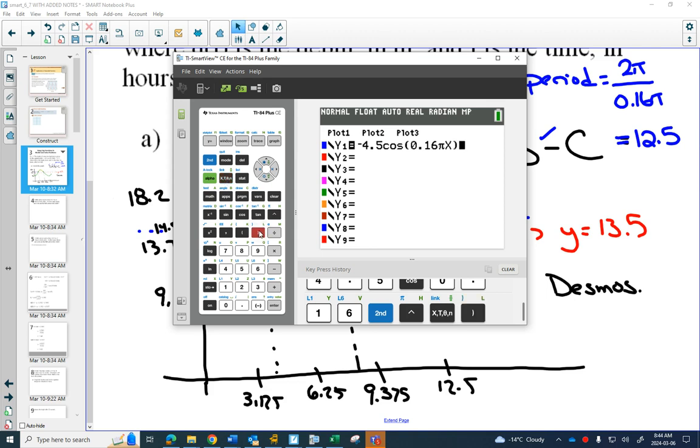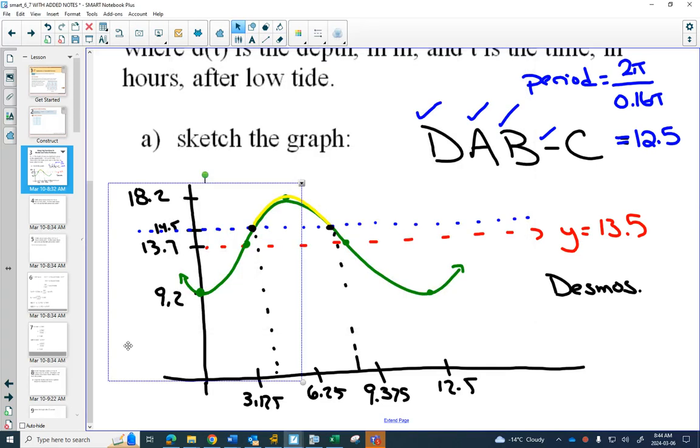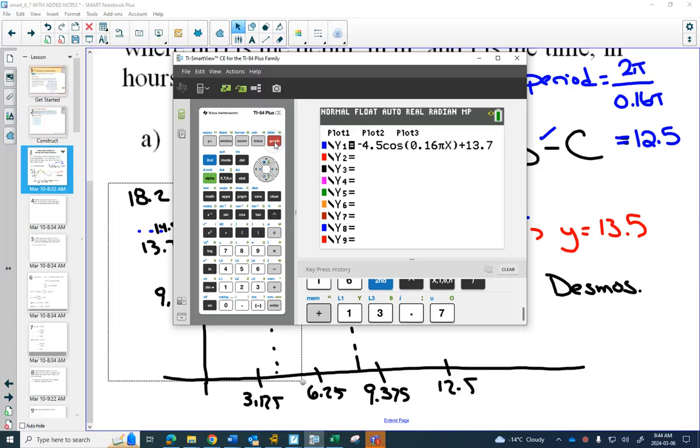Close that bracket, plus 13.7. Okay. Now, if I hit graph right now, I want to see this graph. In fact, I kind of want to see exactly the graph that I drew by hand. But when I hit graph, I'm just curious what happens.